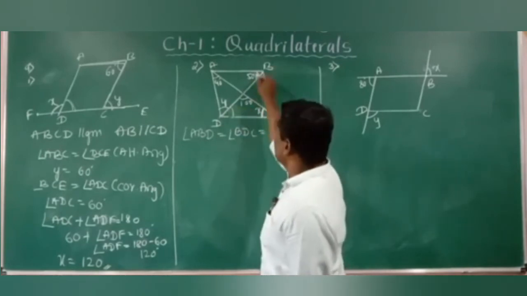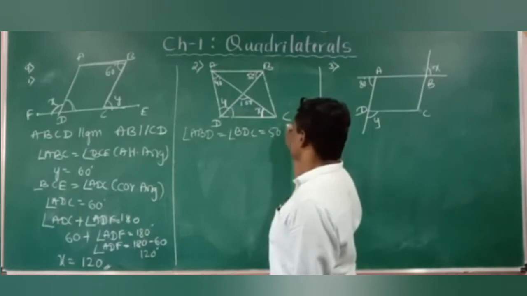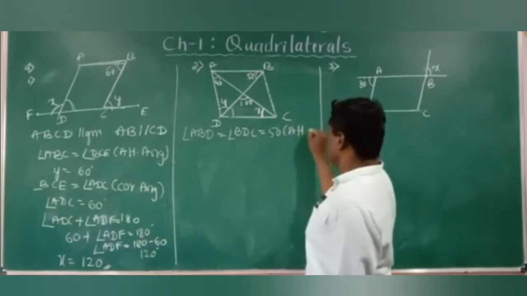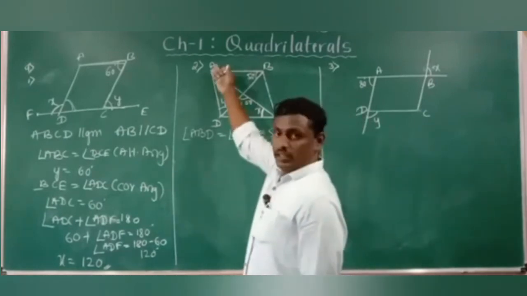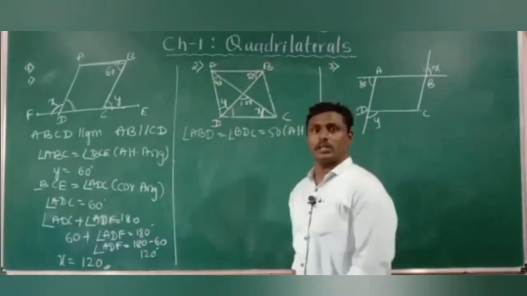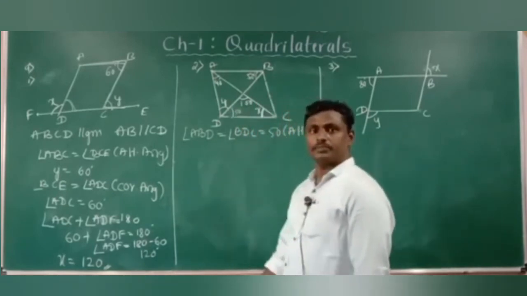These two angles are alternate angles, so this angle becomes 50 degrees. Reason: alternate angles, because AB is parallel to DC. Now it becomes 50 degrees.